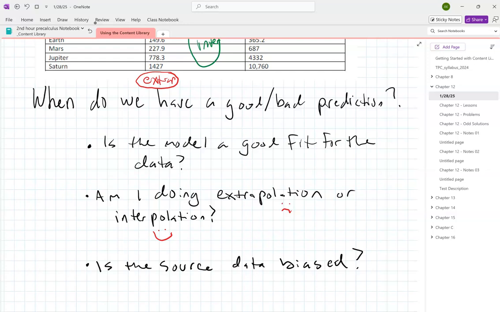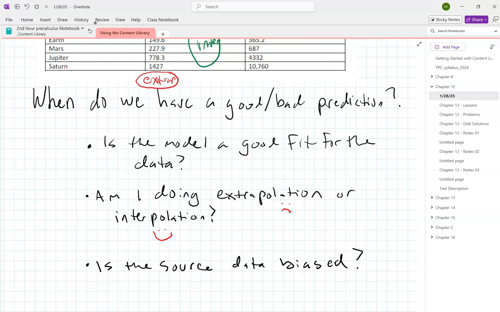And I used that height to make a model to predict the heights for 10th graders. Is this going to be a good model? No, what's the bias? If you're a boy basketball player, you're probably much taller than average, right? So I used a data set that was biased in some way. Everybody's okay with what I mean by that? Okay.